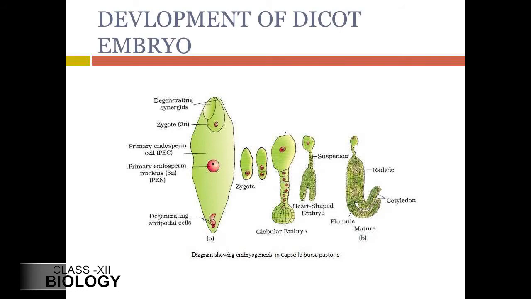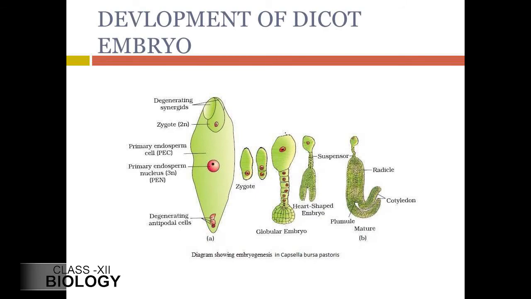Then the zygote forms a two-cell structure, now known as the two-celled proembryo. The upper cell is known as the terminal cell, below is the basal cell. Then, as I had explained, it goes to a 4-celled proembryo, then the 16-cell structure, and it forms the globular embryo.